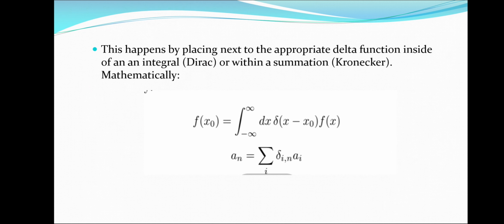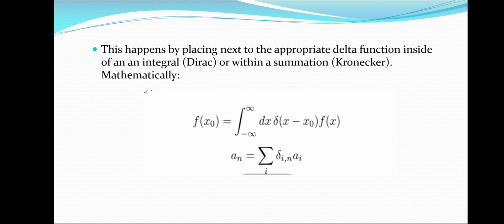This happens by placing the approximate delta function inside of an integral, for Dirac, or within a summation, for Kronecker. So the Dirac delta function comes under the integral of the function, whereas the Kronecker delta can be mathematically represented as a summation of the function.